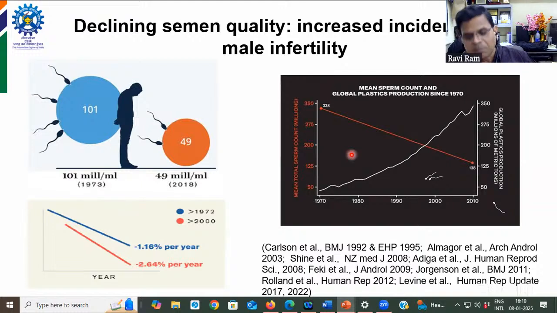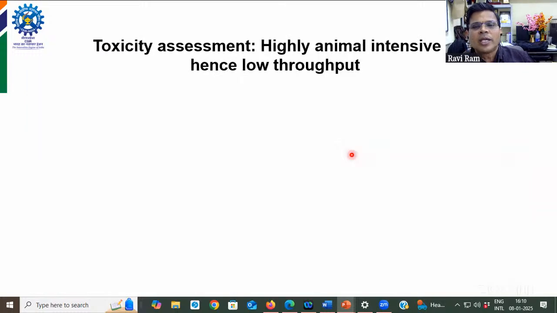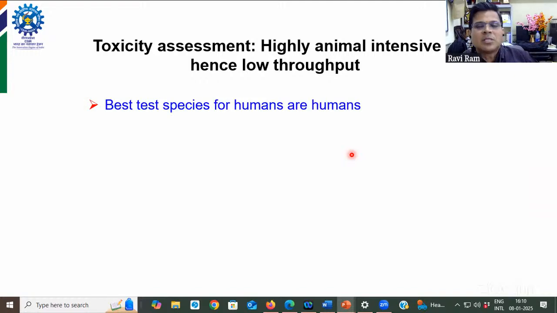So therefore, people have started doing reproductive toxicity assessment, which pretty much uses animals. As you know, all these animal-based studies are done with the expectation that you can extrapolate the data or the safety data to human beings.